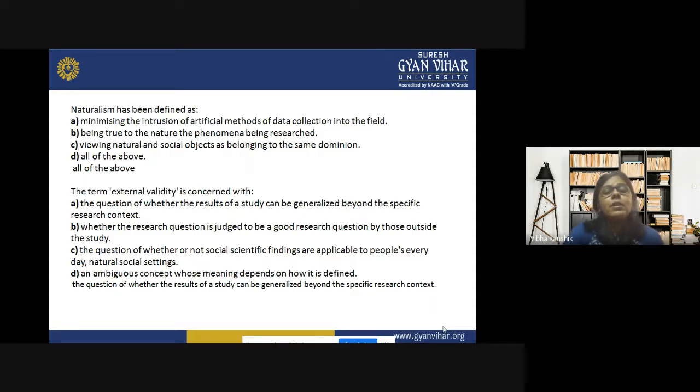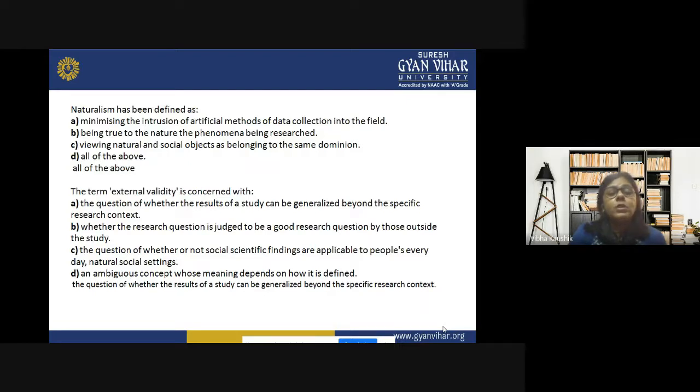The term external validity is concerned with: the options are A, the question of whether the results of a particular study can be generalized beyond the specific research context. B, whether the research question is judged to be a good research question by those outside the study.